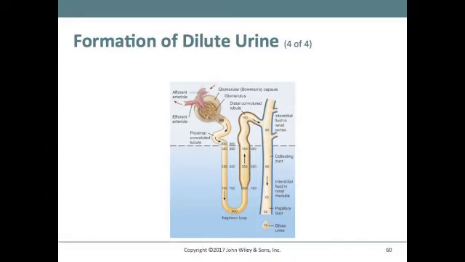And then the light blue areas around the nephron represent interstitial fluid. So when antidiuretic hormone is low, urine is dilute and has an osmolarity that's less than the osmolarity of blood.